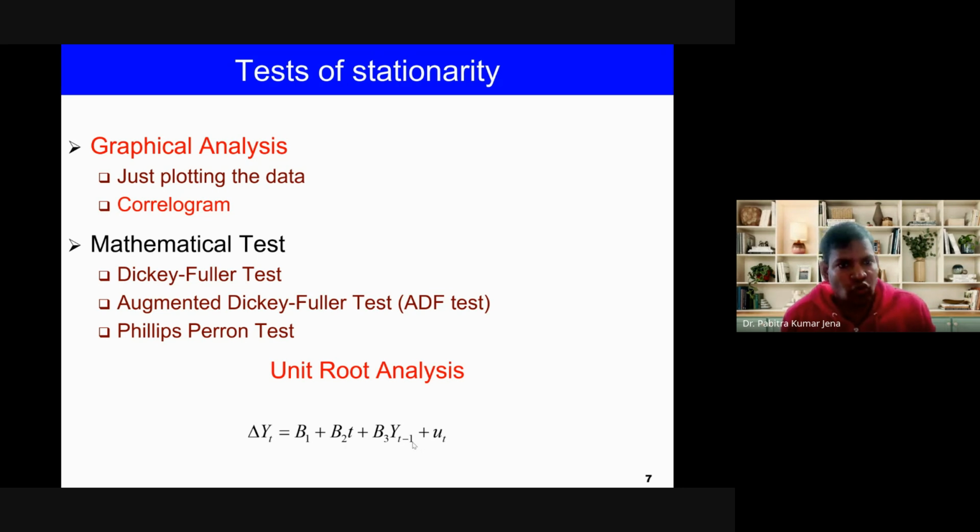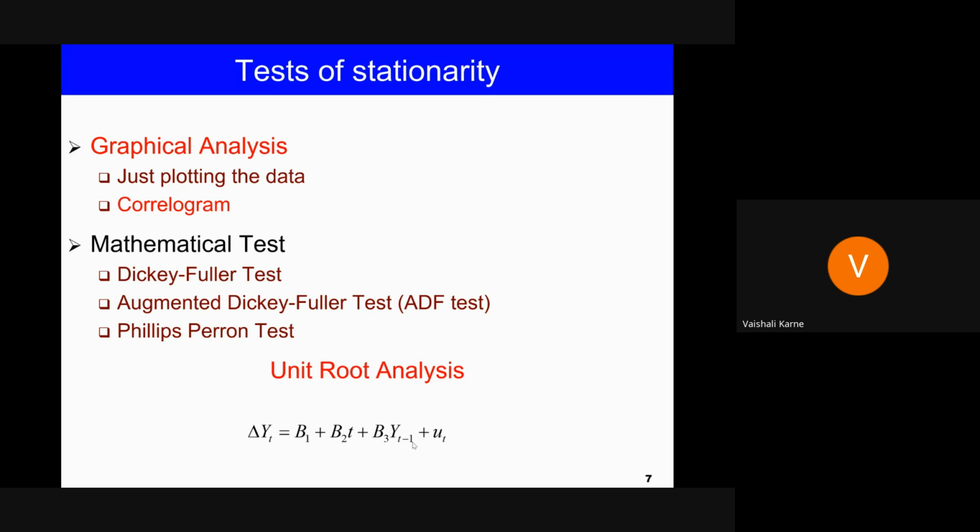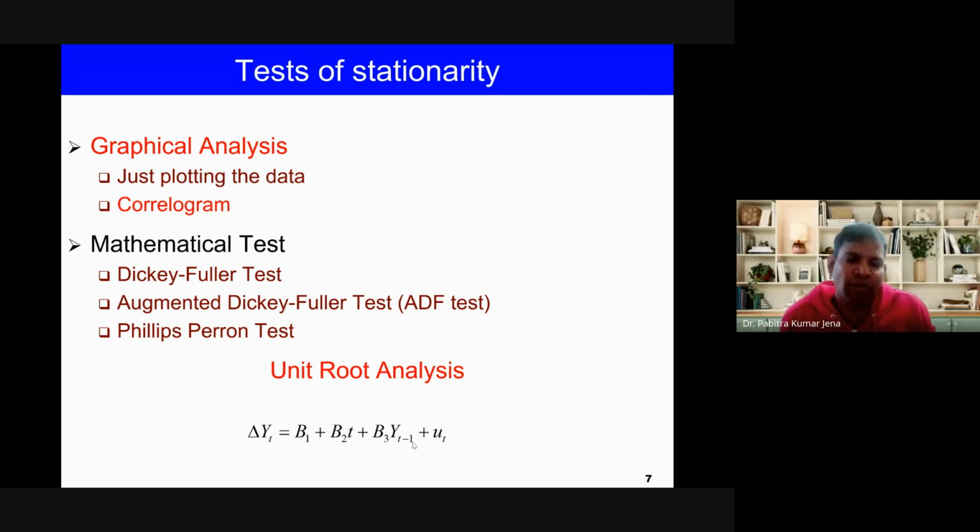Okay. Can I know who is speaking? Sir, it's Vaishali. Okay, Vaishali, you have asked a very good question. Today my presentation is on quantitative data analysis, but I can tell you about qualitative data.